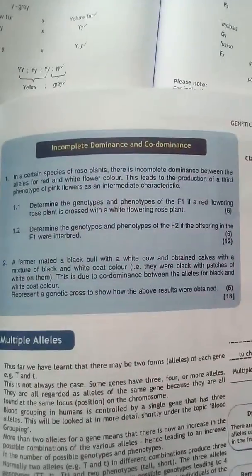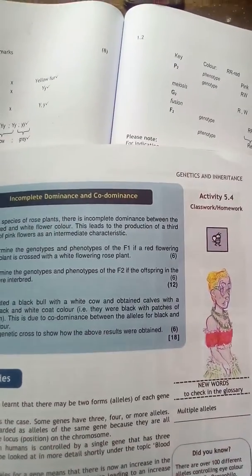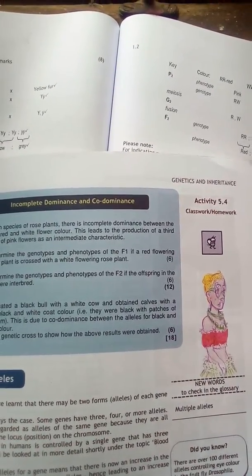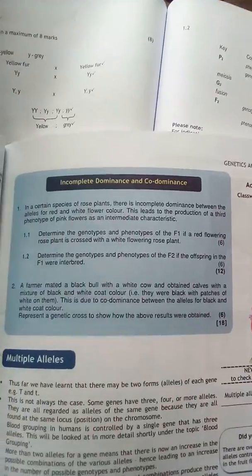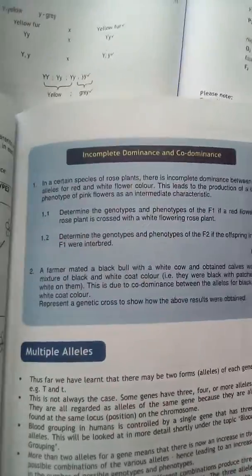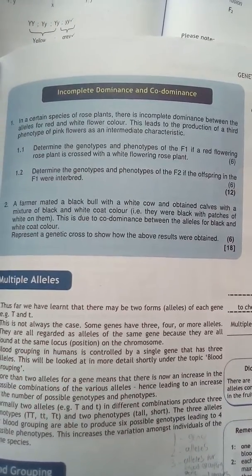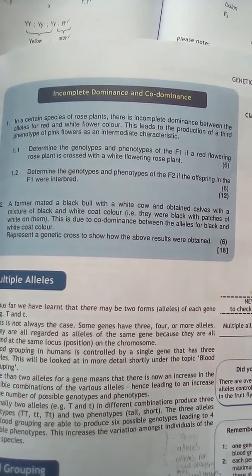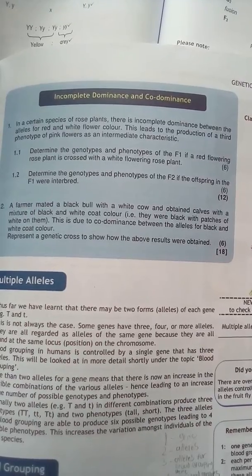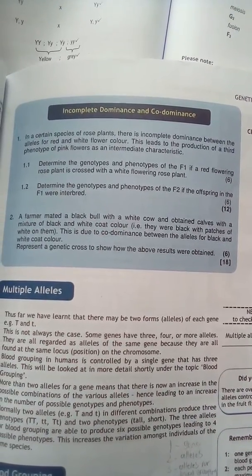We are now going to do activity 5.4. Please do it with me. Okay, that is on page 77. Right, number 1. In a certain species of rose plants, there is incomplete dominance between the alleles for red and white flower color.